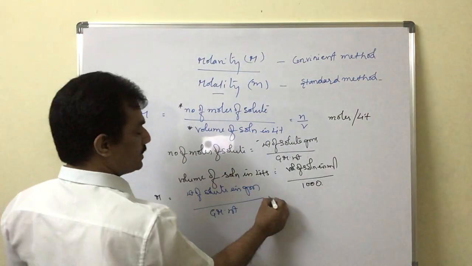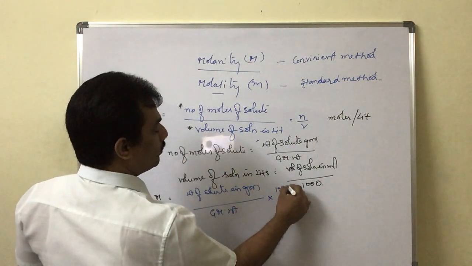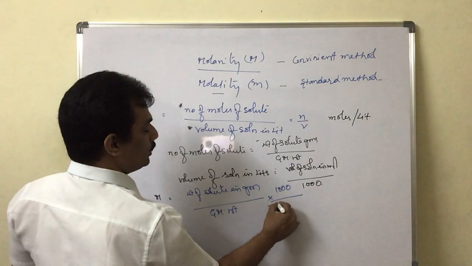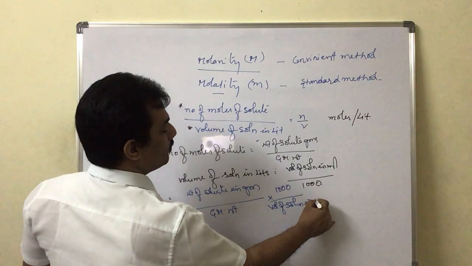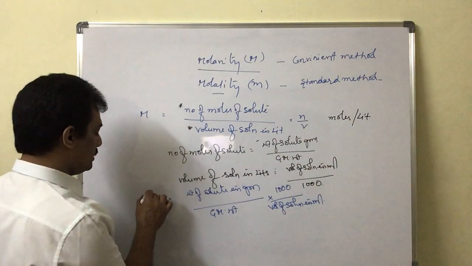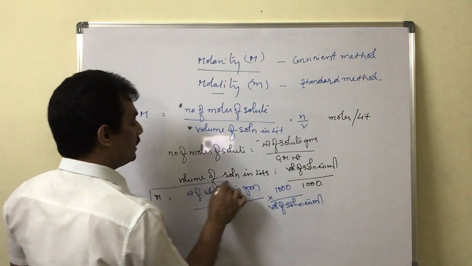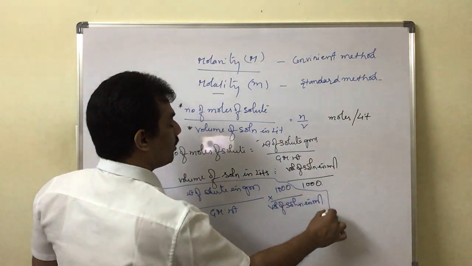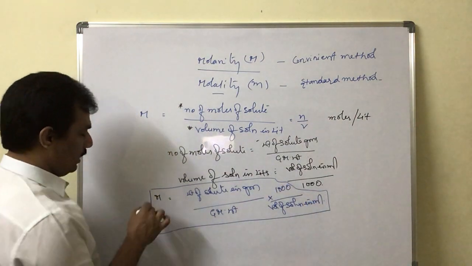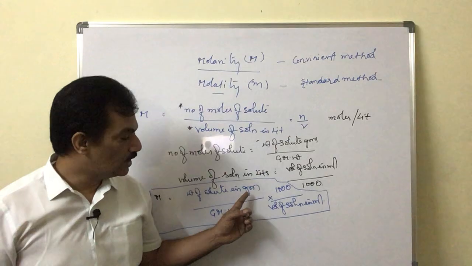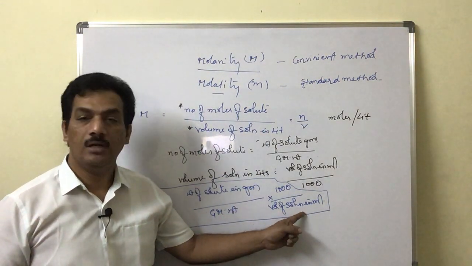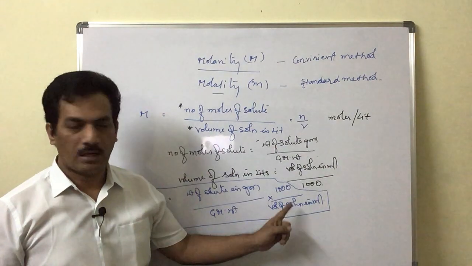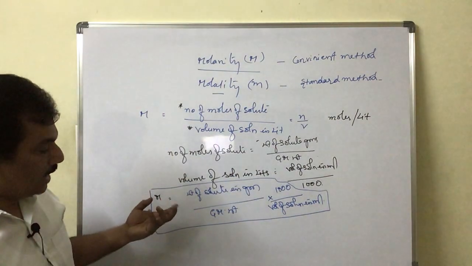That means we can say, into 1000 by volume of solution in milliliters. This is the formula to calculate the molarity of a solution when the weight of solute is given in grams and the volume of solution is given in milliliters. Clear?